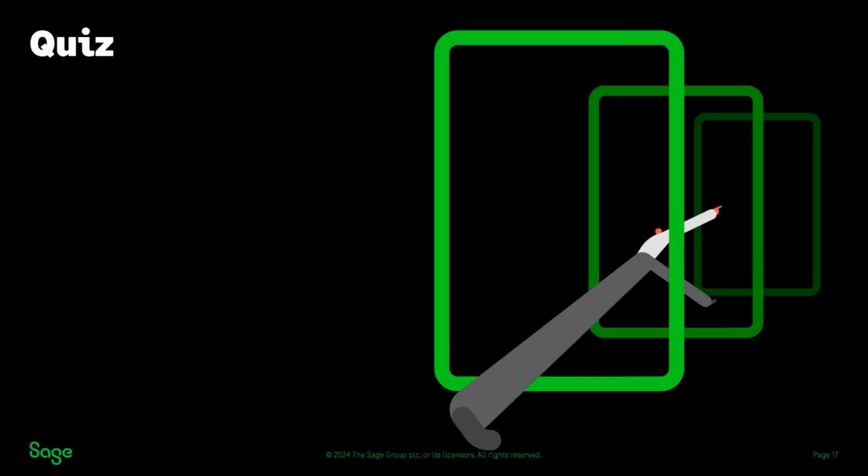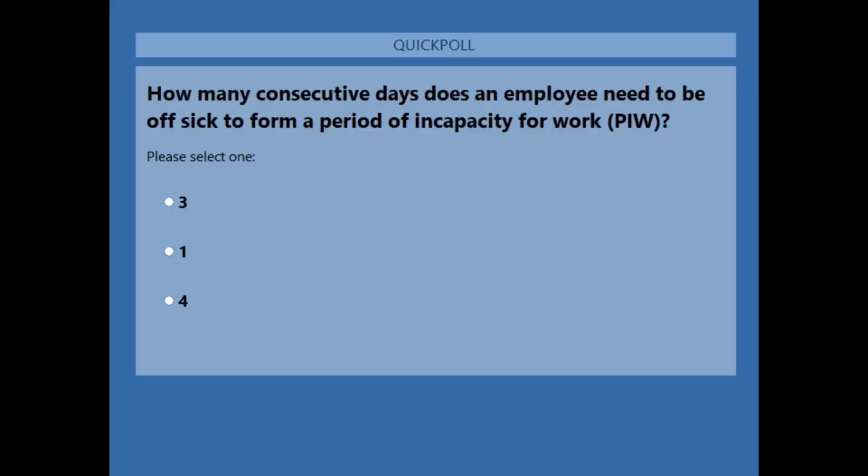On to question 2. How many consecutive days does an employee need to be off sick in order to form a period of incapacity for work, a PIW? So how many days in a row does an employee need to be off sick to form a PIW? Is it 3 days? Is it just 1 day?